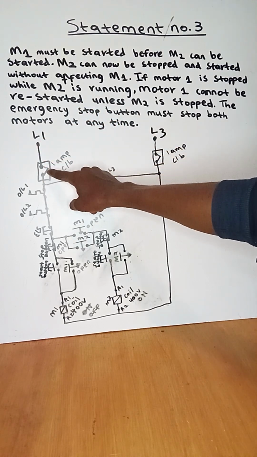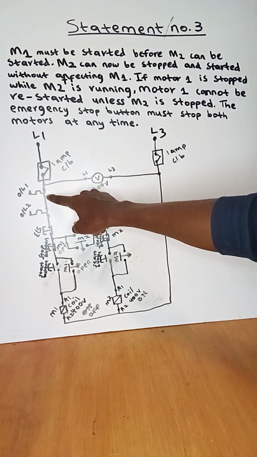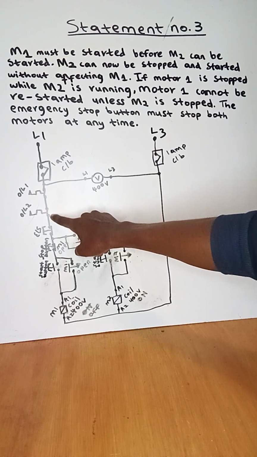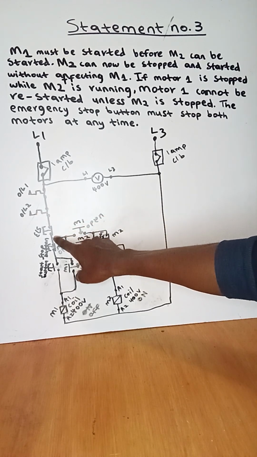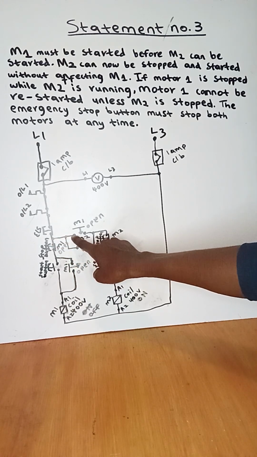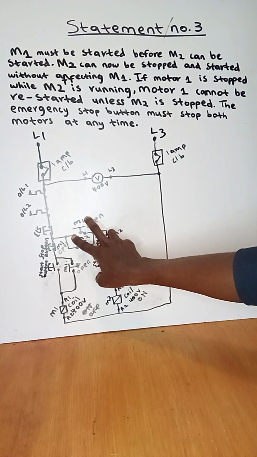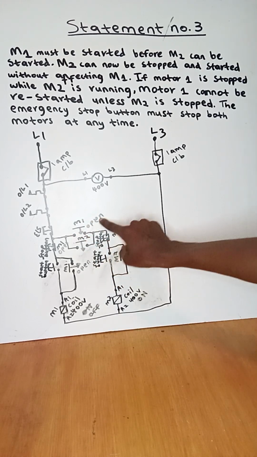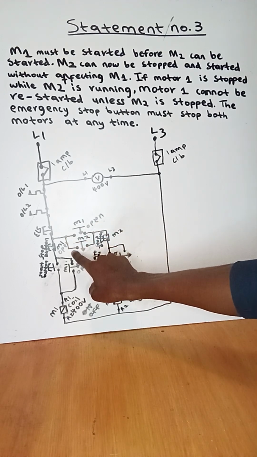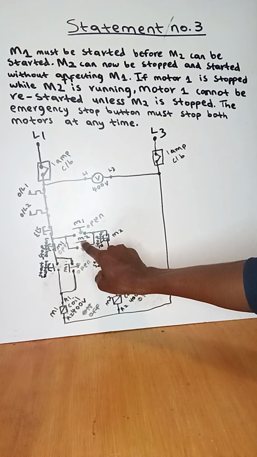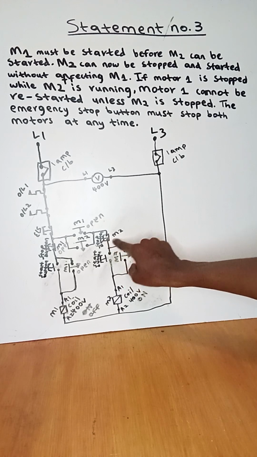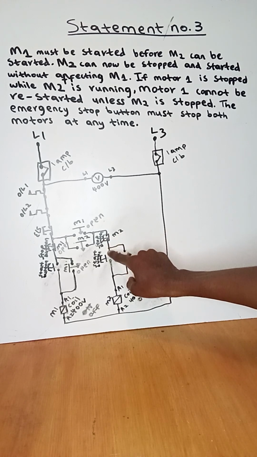It will flow down and find the closed contact of the circuit breaker, the closed contact of overload 1, overload 2, and the emergency stop, current flows all the way to the contact of motor 1, and finds it open, which means current cannot flow there. But current can also bridge down and find the closed contact of motor 2, which means current will flow all the way to the closed contact of the stop button of motor 2, finds it normally closed, current flows.